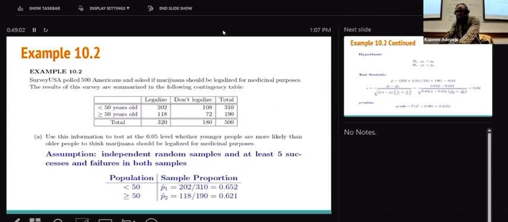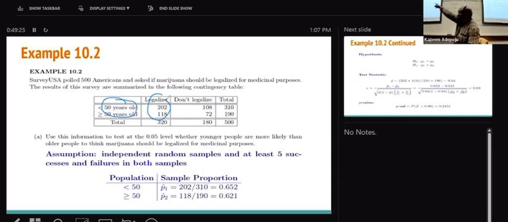You are comparing age, and you are also focusing on the legalized response, which means what is the proportion that supports legalized at age less than 50? It is 202 divided by 310. 310 is the totality of people that are less than 50. You also do the same for the other one. You got these 2 proportions.